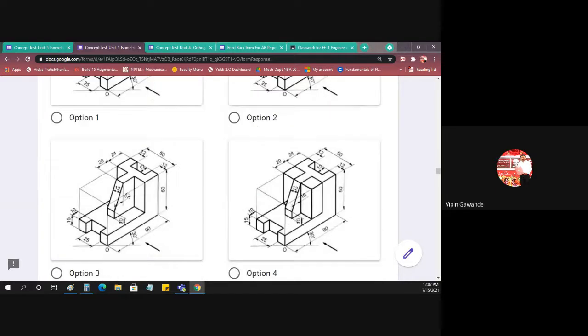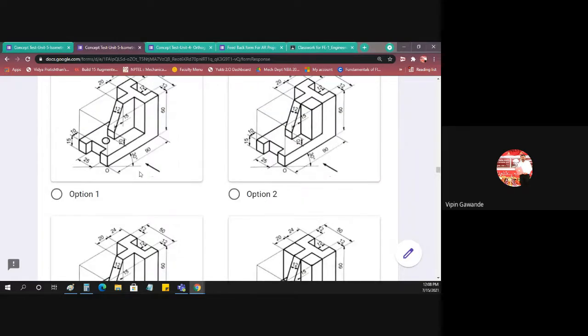Then option number 3. Here you see everything is correct. In option number 3, we'll get the L shape, and we'll get dotted lines for this cutout: one dotted line here, and a dotted line for this one here, and only one surface here. So this is the correct option. And in top view, what is visible?